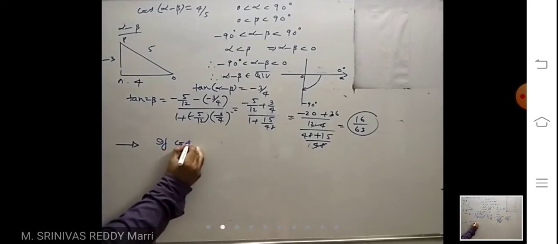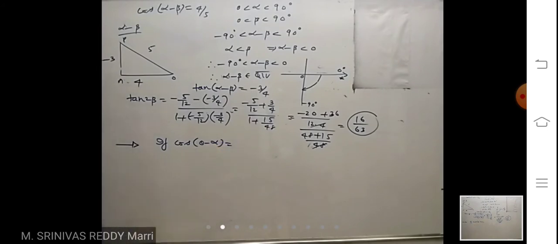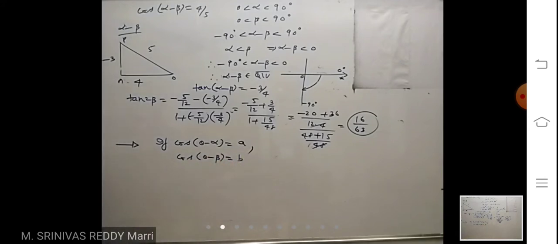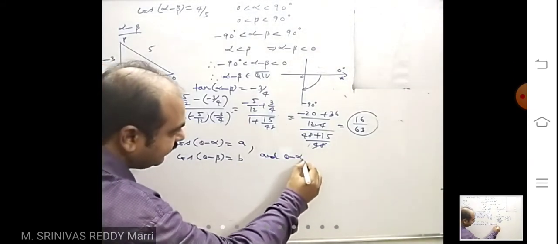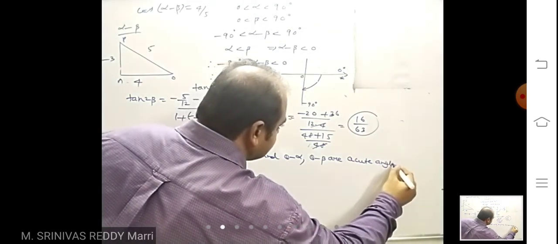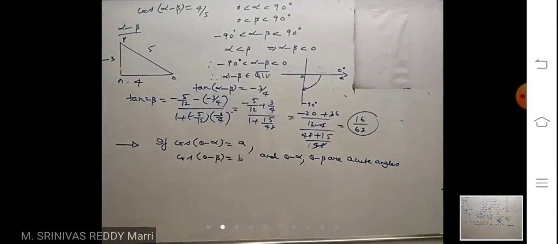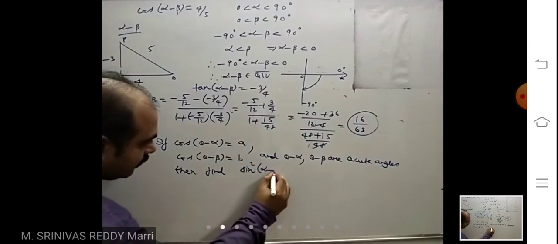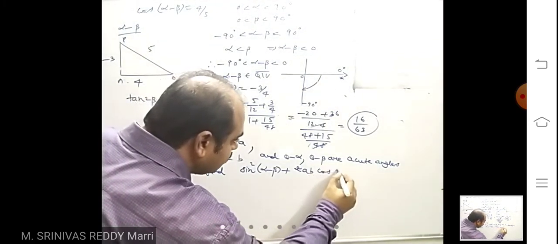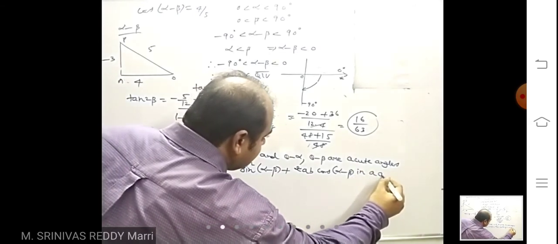Given that cos of theta minus alpha is A, cos of theta minus beta is B, and theta minus alpha, theta minus beta are acute angles, then find sine square alpha minus beta plus 2AB into cos alpha minus beta, in terms of A and B.